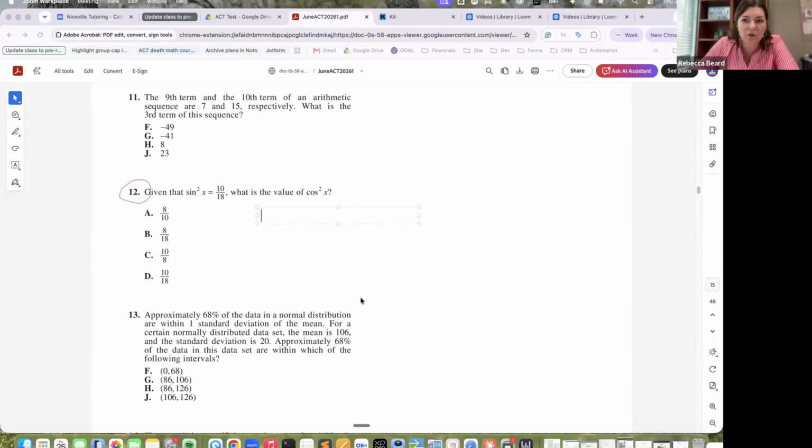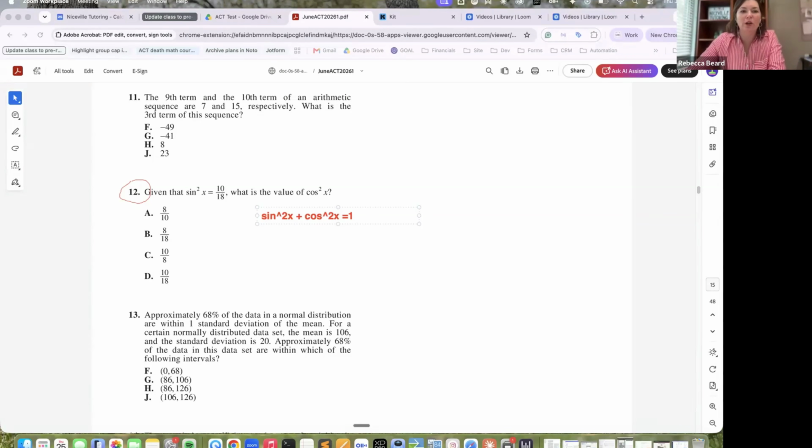So the formula they're referring to that we need here is sine squared x plus cosine squared x equals 1. I know it looks a little funky, but the little caret is to the power of. So if you're adding sine squared x plus cosine squared x, it's going to equal 1.